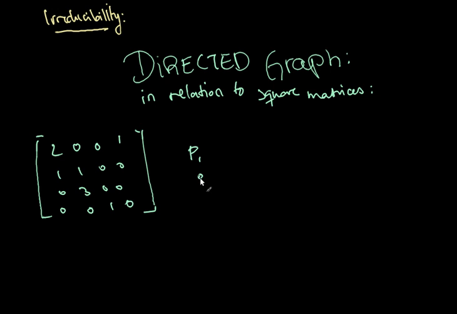We make the same number of points as there are rows in the matrix. So in this case, we make 4 points. The next step is to consider every element that is not on the diagonal. So let us just remove the diagonal first, and then let us consider every element different from 0 that is not on the diagonal.